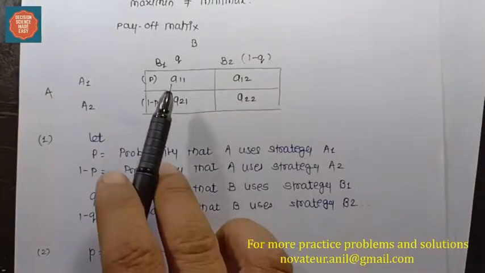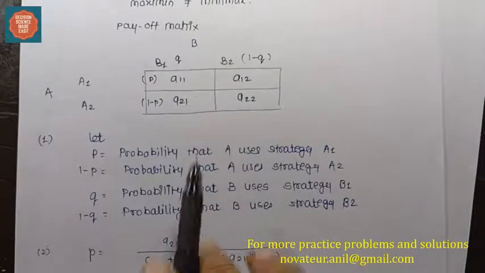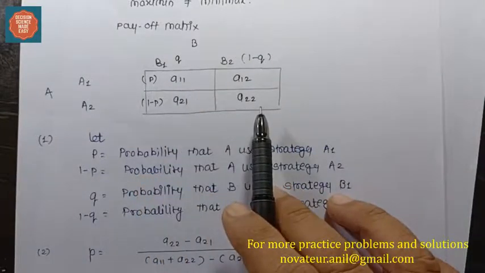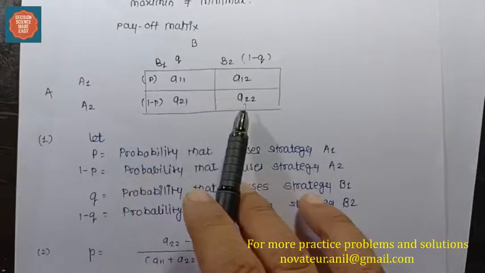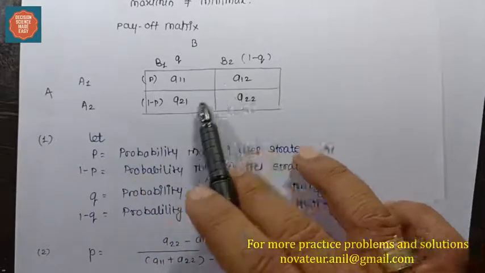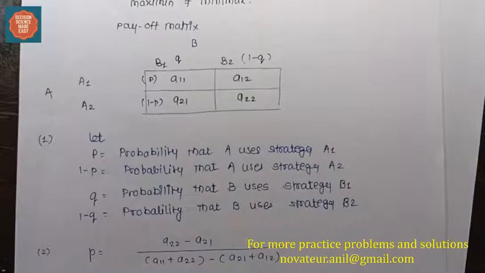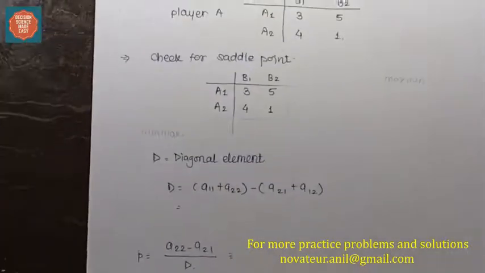That is nothing but the diagonal elements. What I am doing is adding these diagonal elements, A11 and A22, and subtracting these other diagonal elements. Similarly, let us try to understand this with a problem.